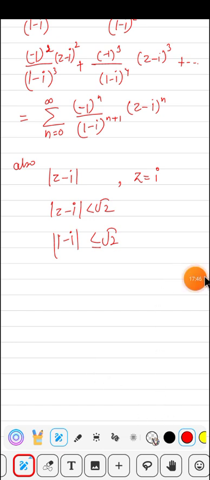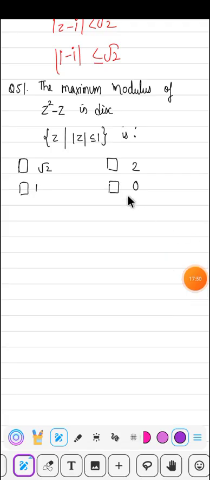Now let's do the next question. Our next question is 51. The maximum modulus of z squared minus z in the disk of z such that mod z is less than or equal to 1 is.